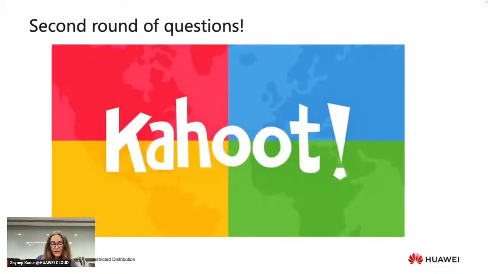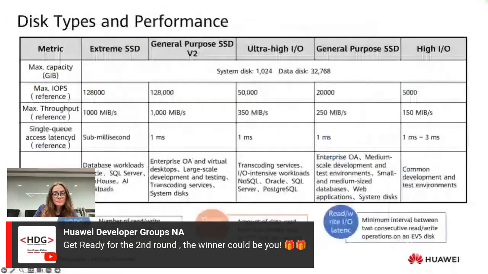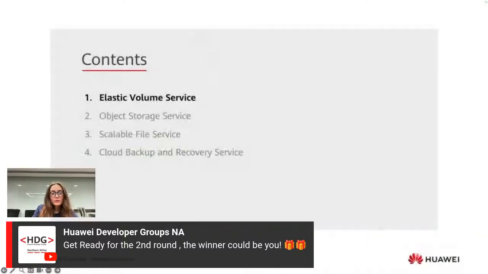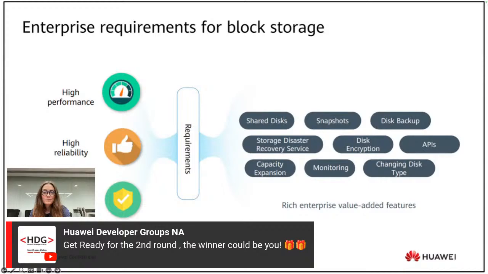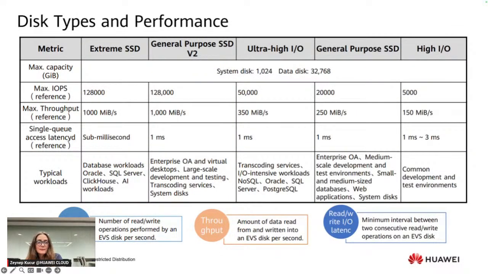All right, before we have our next round of Kahoot, I will go through this second part, which is storage, again, so we have more competition. Okay, we started with EVS. We talked about what EVS is. I said that EVS is our block storage for cloud servers. And these are the disk types for EVS.